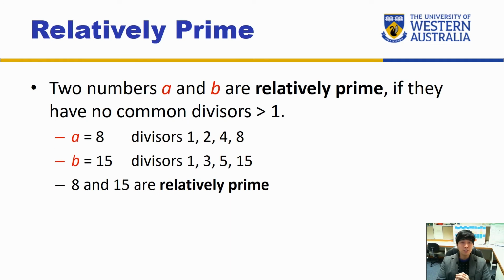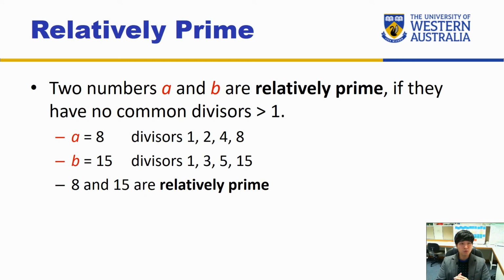Once we have got that sorted, we can understand a few other things, like relatively prime. Two numbers a and b are relatively prime if they have no common divisors greater than 1. That means even though your number may not be a prime number, if your factors have no overlaps, then those two numbers are relatively prime.